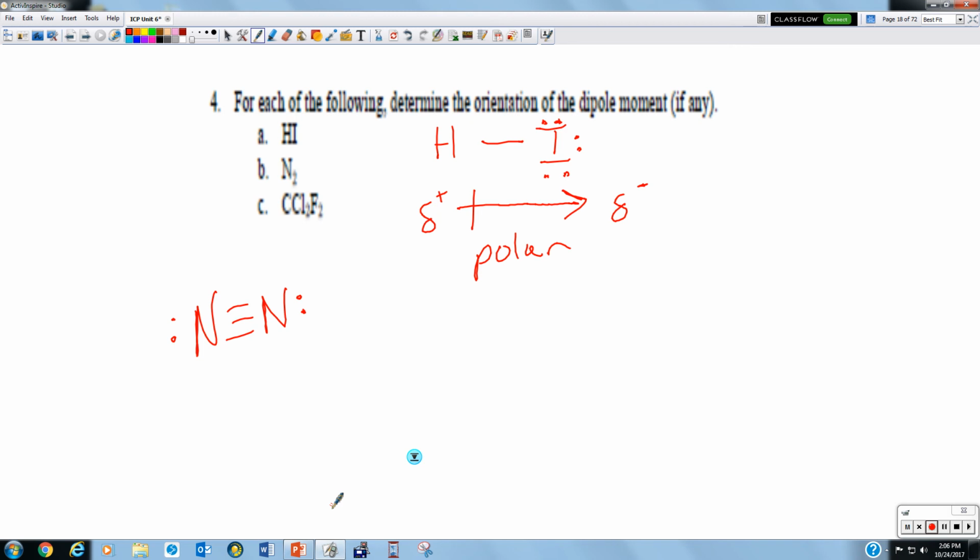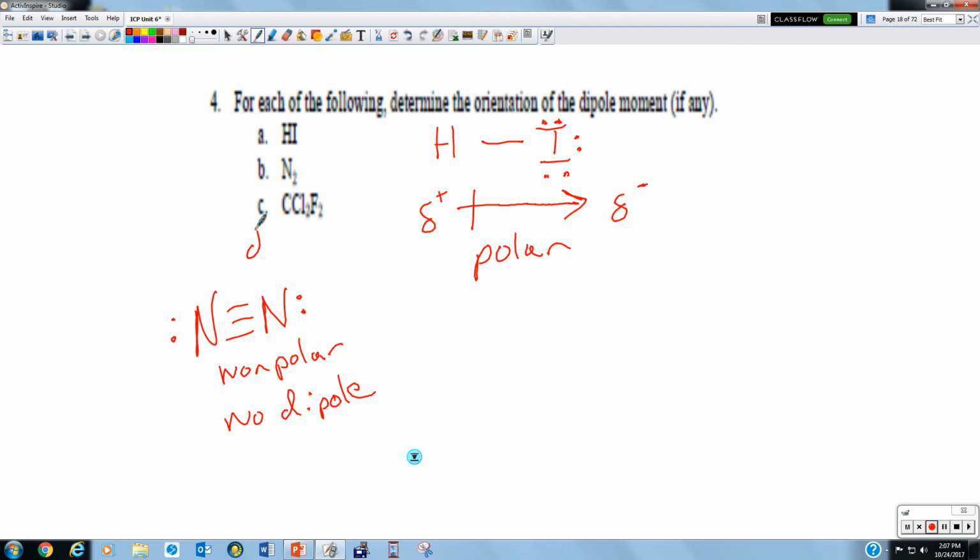Just looking at this molecule, if you were to look at this as electron distribution, what would you notice about the overall electron distribution? It's even, it's symmetrical. So this is nonpolar, and it has no dipole.